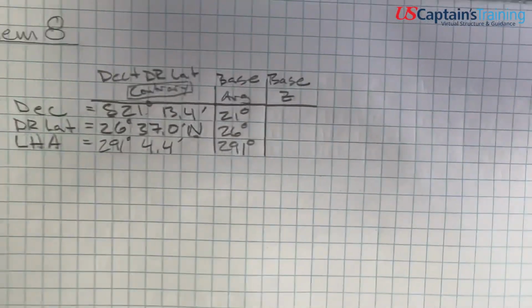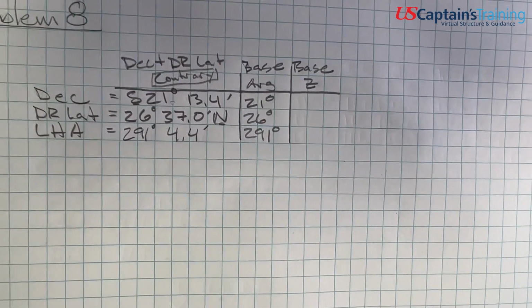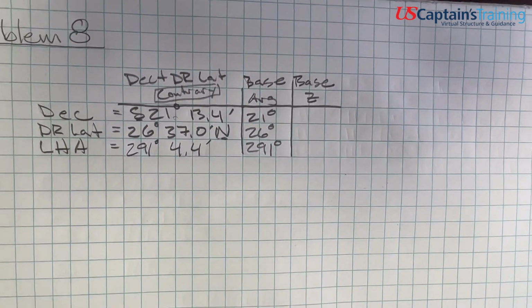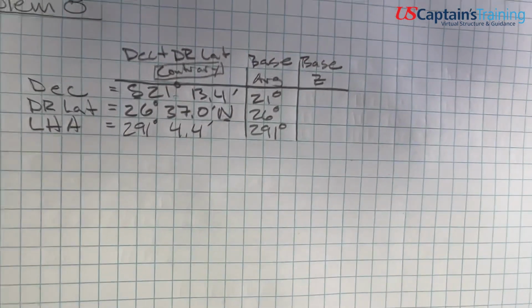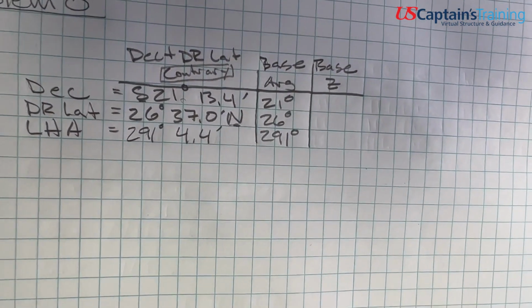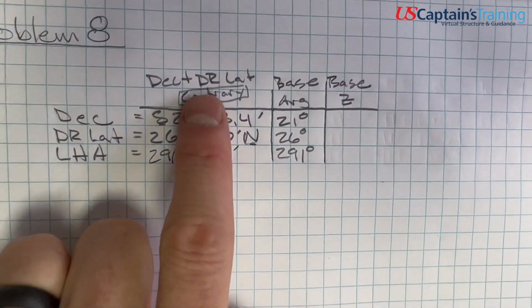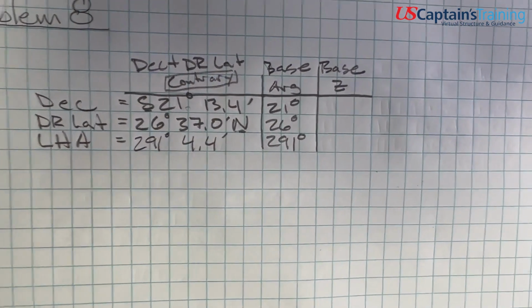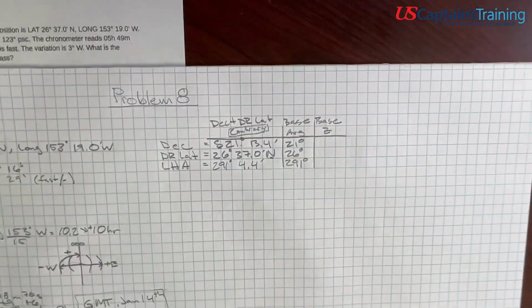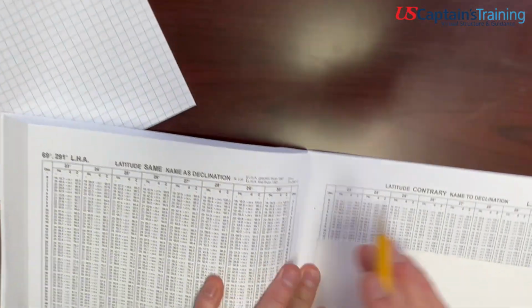So here we are in the sight reduction tables. And we need LHA 291. So we're contrary 291, 26, 21. So here we are. There's the same side and the contrary side.